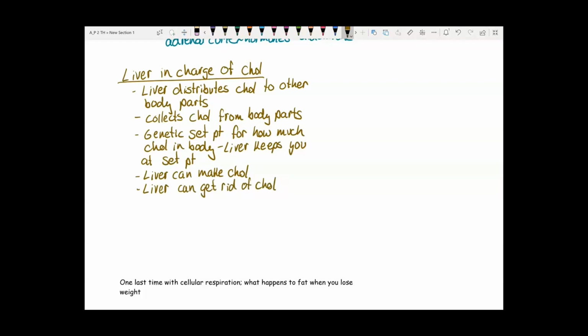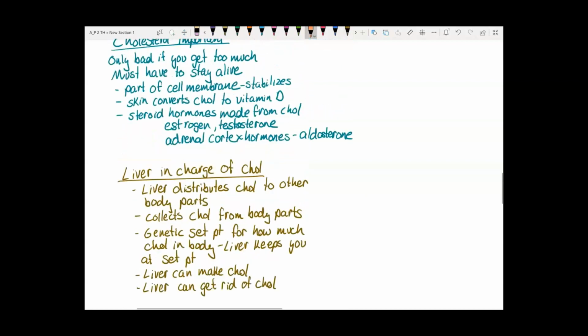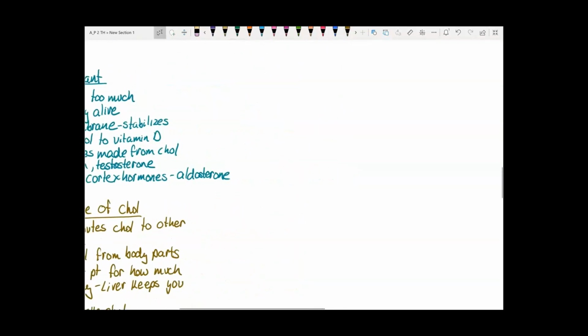Okay, then a note about the nature of cholesterol. Cholesterol is a lipid. And we know that lipids do not like water. Lipids are hydrophobic. So cholesterol is not going to mix with water, but your blood is mostly water.